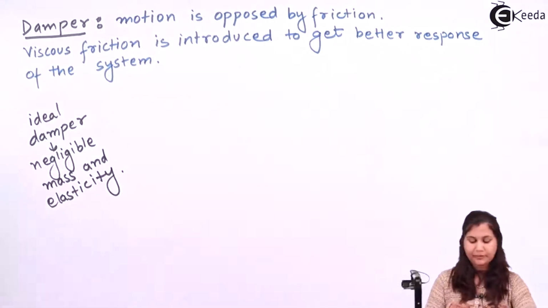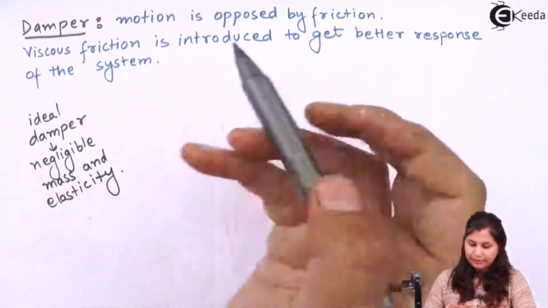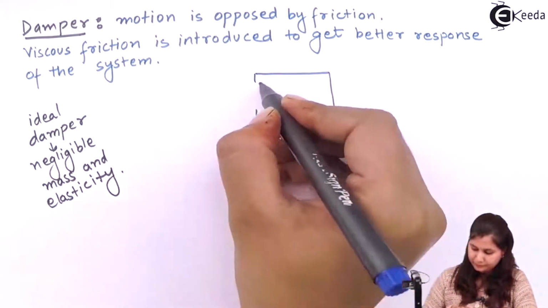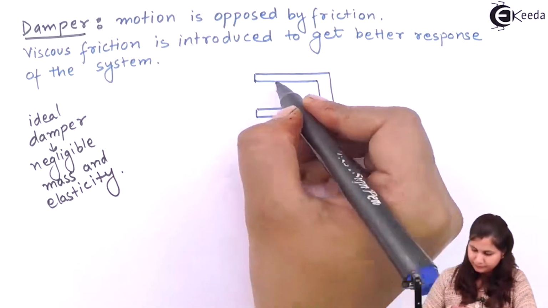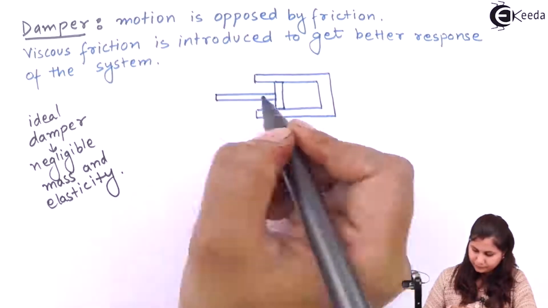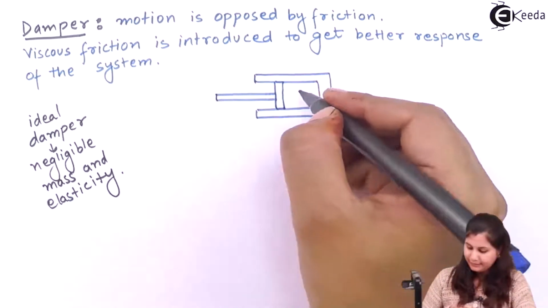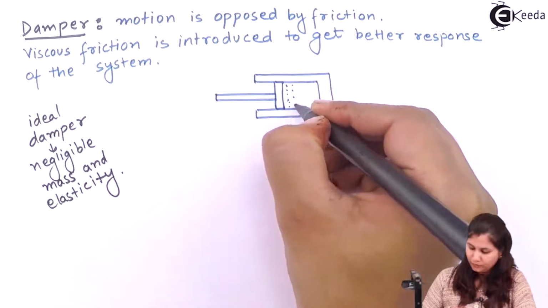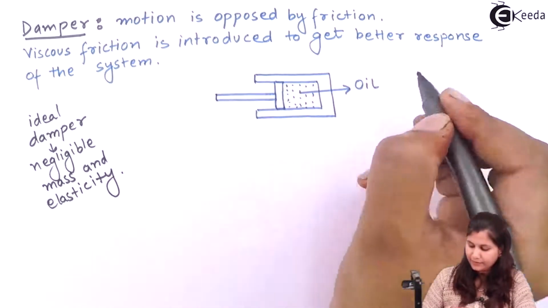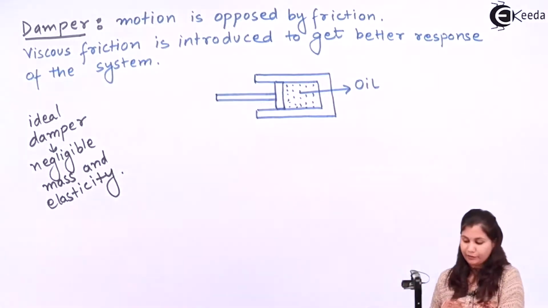So how can we represent a damper? Let's see. This is the oil, and this oil is providing the friction.